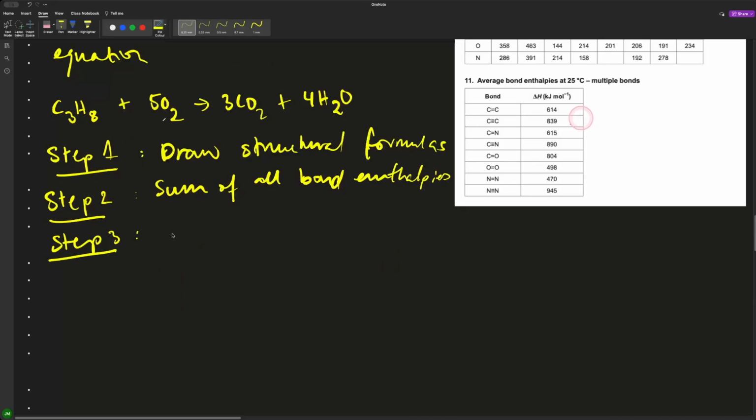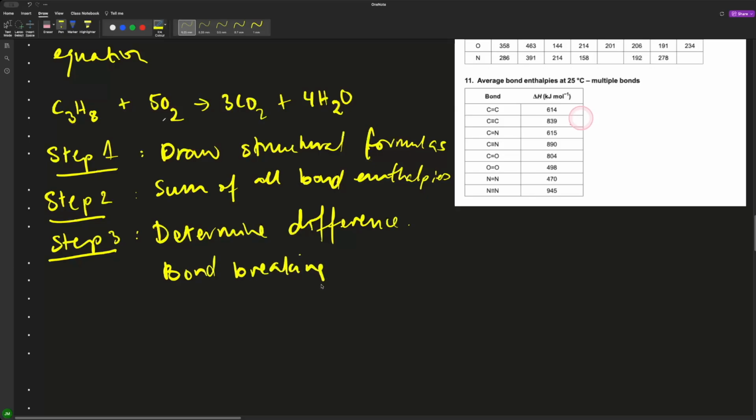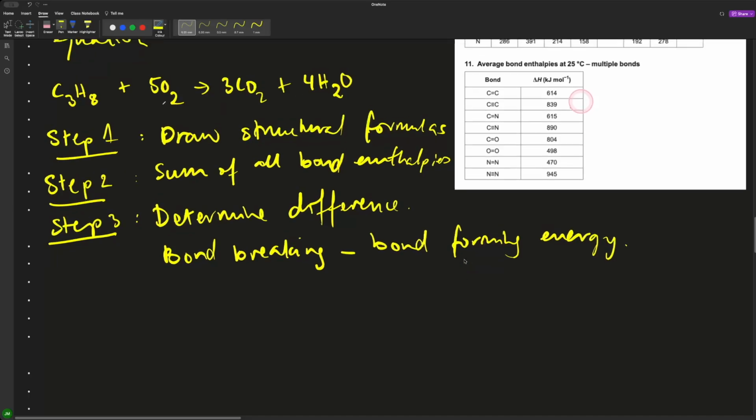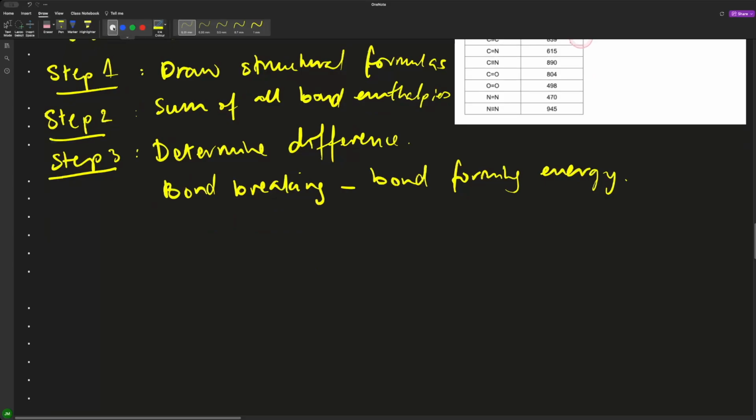Three is to determine the difference. What does this mean? It means what is the bond breaking energy minus the bond forming energy. Okay, so let's do step number one first.